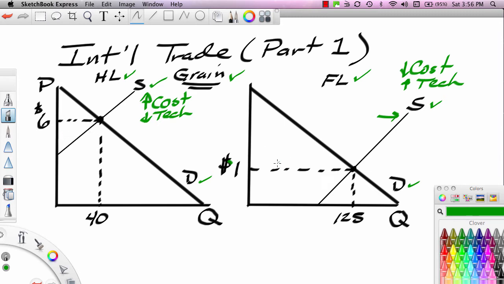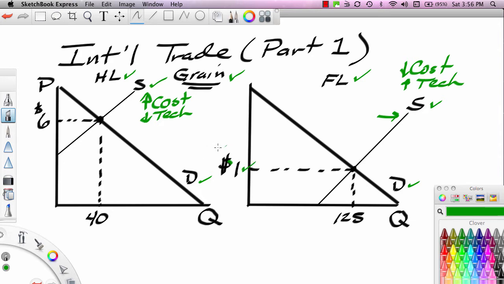Now, on the other hand, sellers of grain in Flatland, providing again that there are no legal political barriers preventing them from cooperating with buyers in Hillland, sellers in Flatland will be attracted to Hillland buyers. Why? Because at home I can only sell my grain for $1. You can see that here.